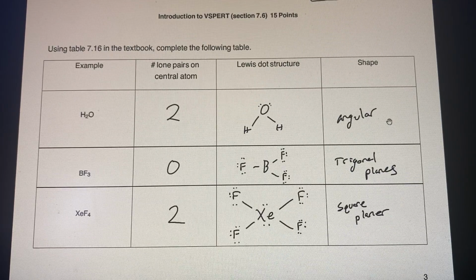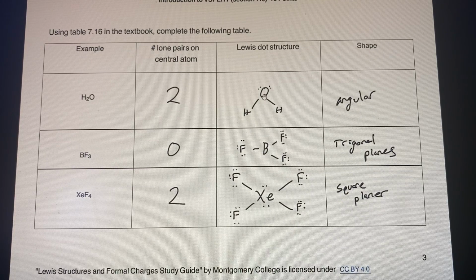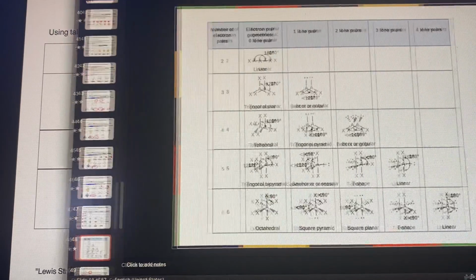Now for this chart, we're just looking at the Lewis dot structure for these atoms by looking at the valence electrons on the periodic table, writing the elements, and then finding the shape according to the tables that have been given to us in our book.